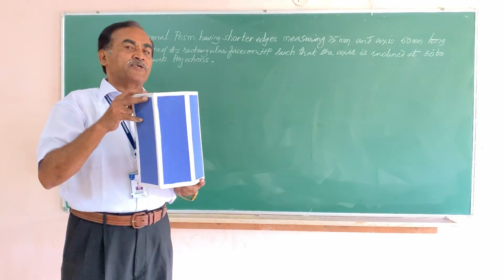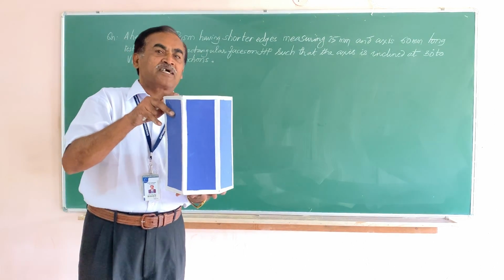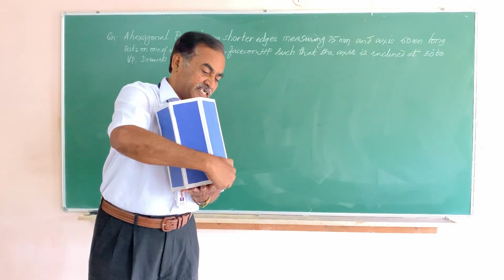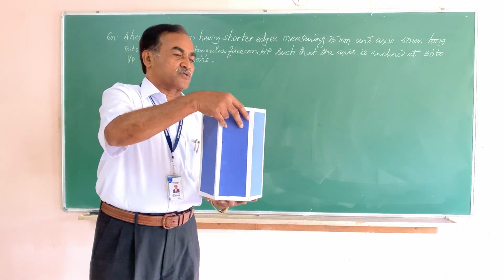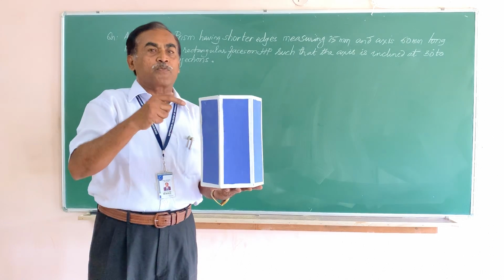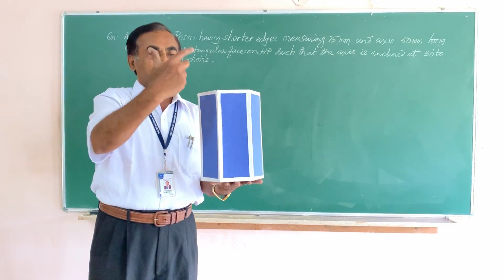Now I am going to place the object on HP such that one of the shorter edges of the bottom face is to the right side of the observer and obtain its top view and front view.